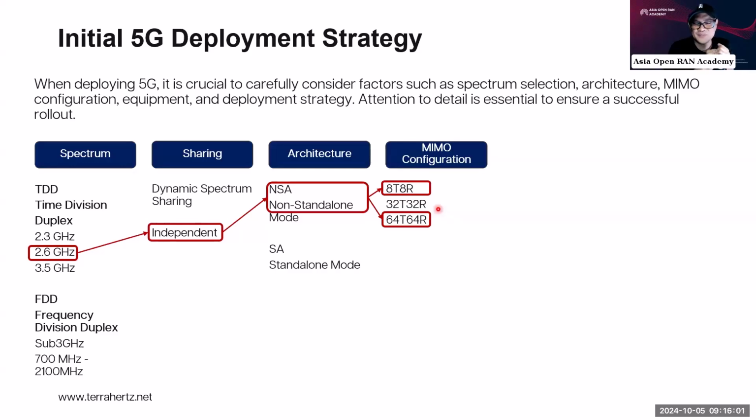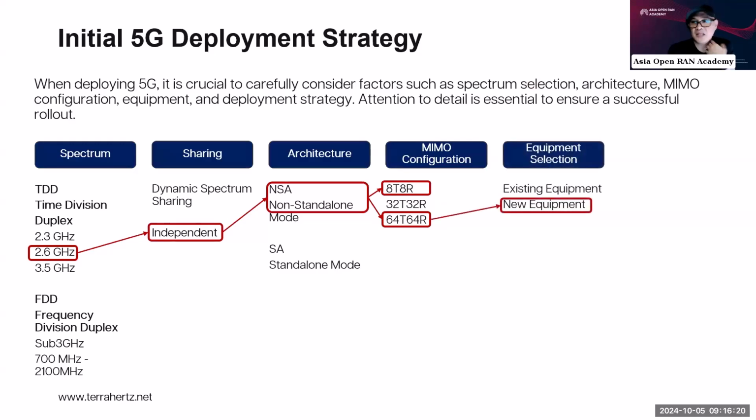MIMO configuration. So in some cases, like for example in Thailand, they have chosen 64T64R immediately. And then 8T8R right away in rural areas. For urban areas, 64T64R, and then in some areas it is 32T32R. Okay? And then after that is equipment selection.